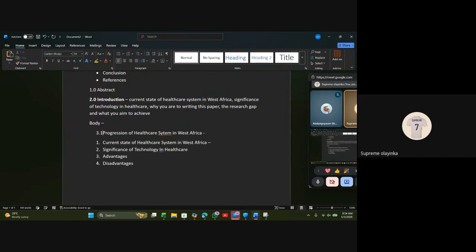Let me get it right there. Then this one will be 3.2. This one will be 3.3. And this one will be 3.4.